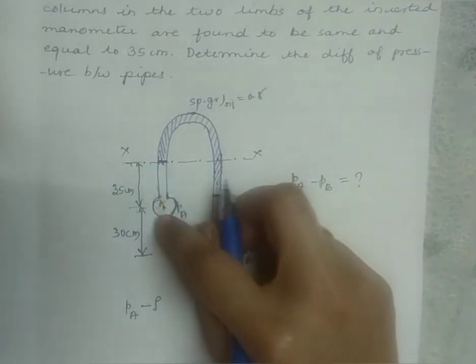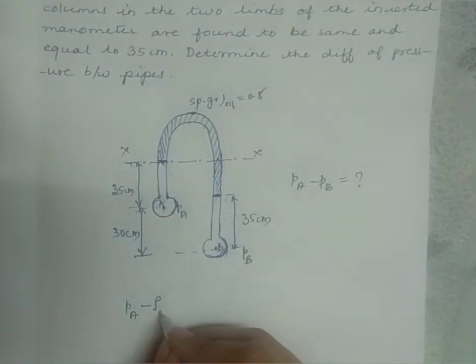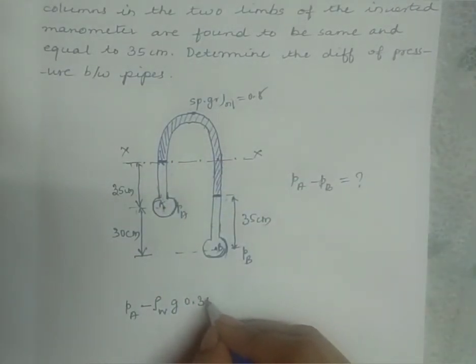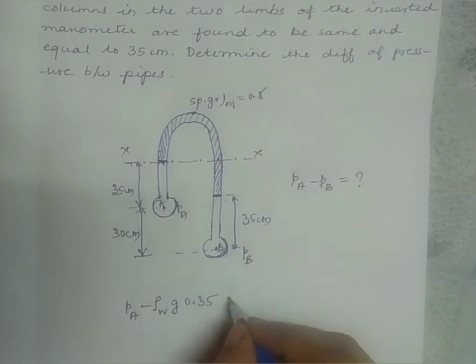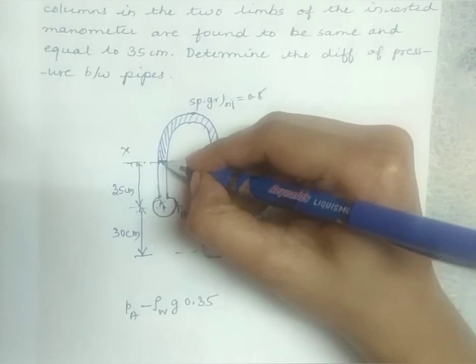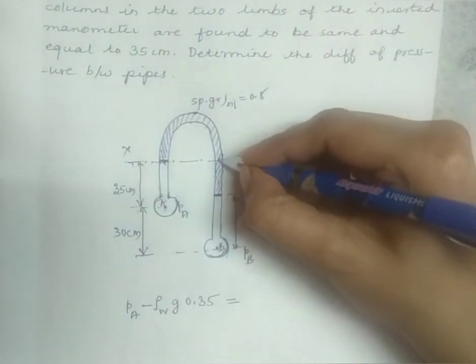The liquid in both pipes is water, so it will be rho W, g into height, which is 35 centimeters, so I am writing 0.35 meters. So this is rho g h. Okay, so I got the pressure over here, which is equal to the pressure at this particular point, isn't it?